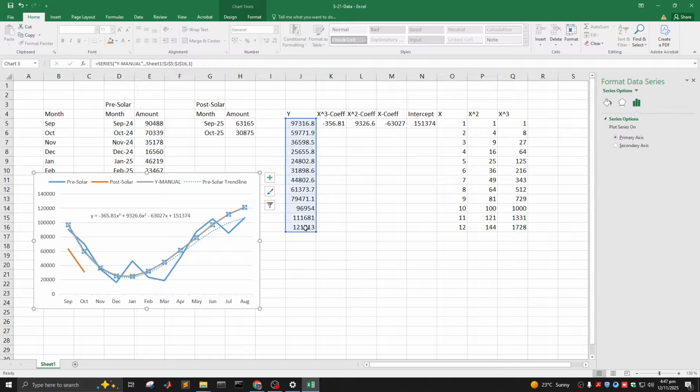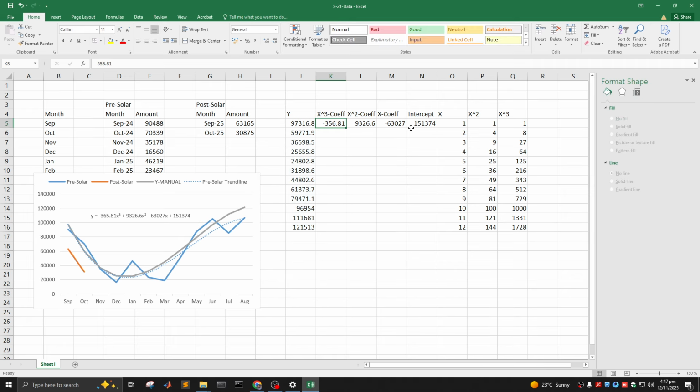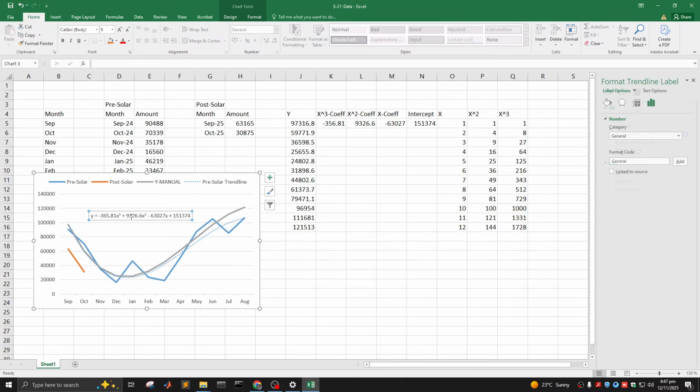And one of the reasons this could possibly happen is that the coefficients are only a couple of decimal places or no decimal places. And technically, if you look at the trend line equation, this is supposed to have many decimal places in them, and probably it's down to that specific accuracy.